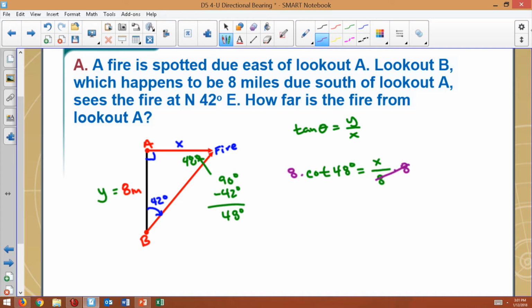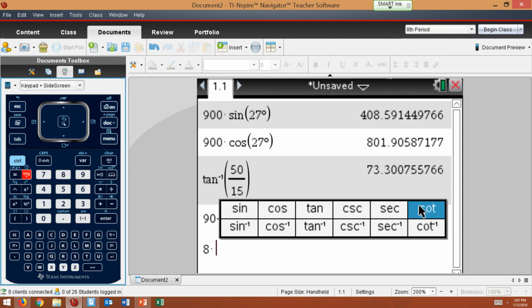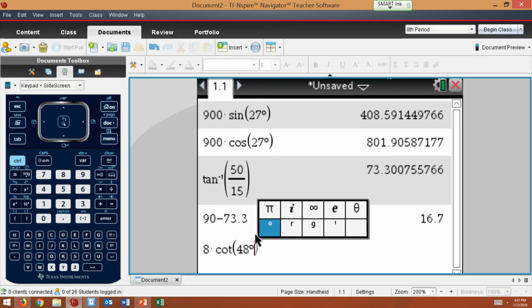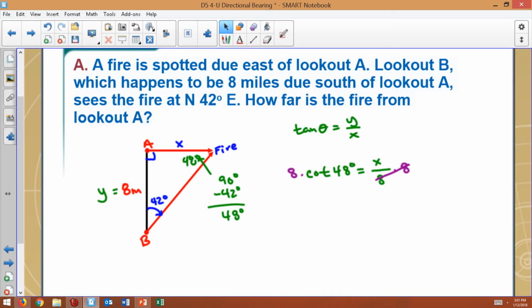And I find out that my answer shouldn't be too difficult. 8 times the cotangent of 48 degrees is 7.203.